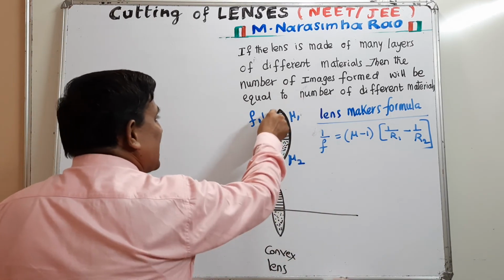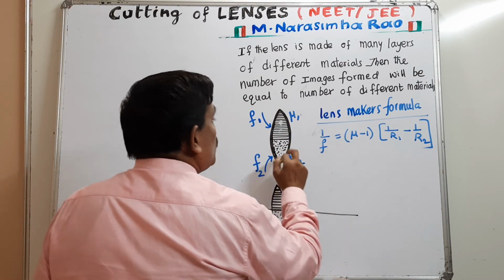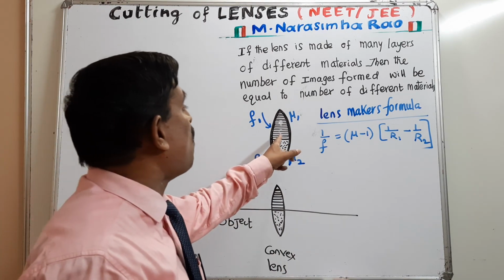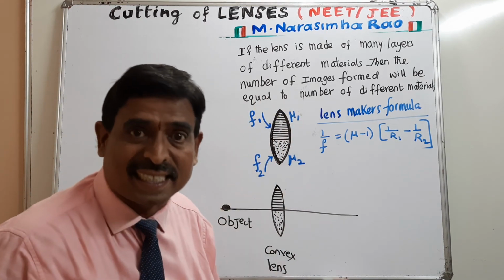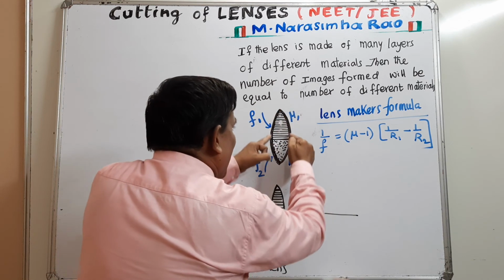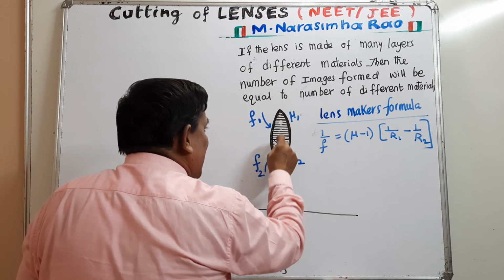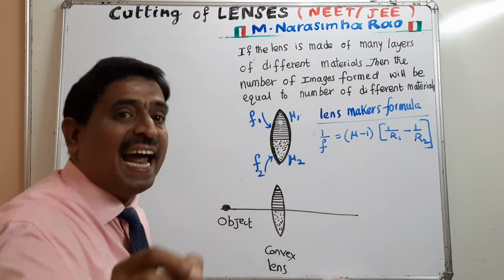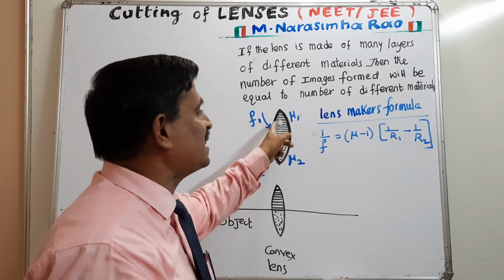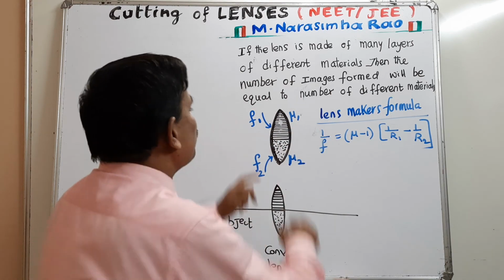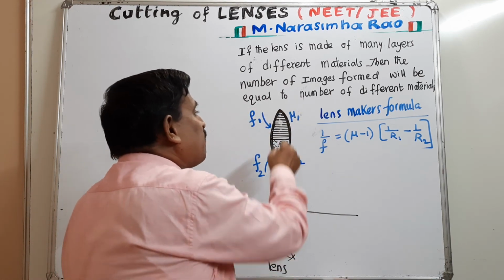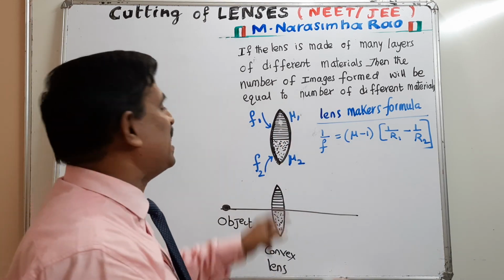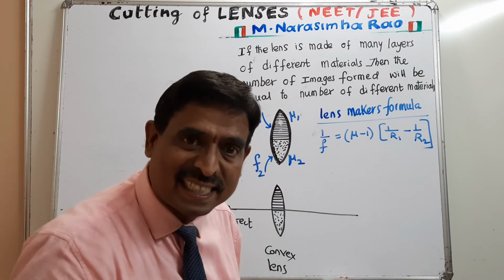This convex lens contains two refractive indices, hence it will form two images. If the lens is made of two different layers of two different materials, then the number of images is equal to 2. If this convex lens is made of 3 different layers of 3 materials, then the number of images formed is 3.